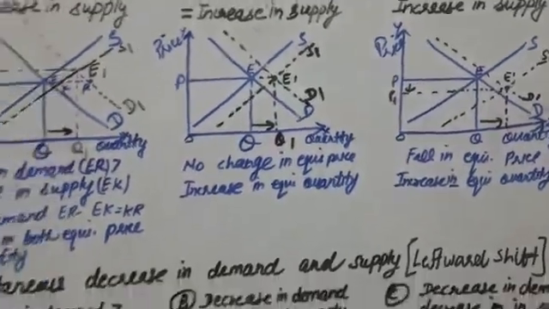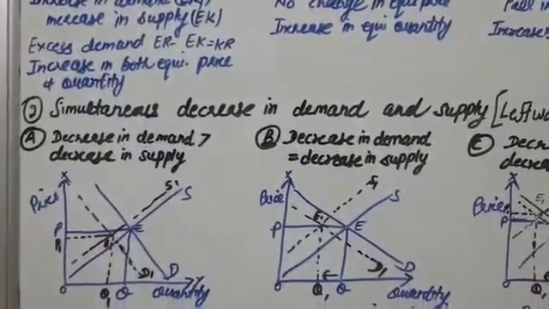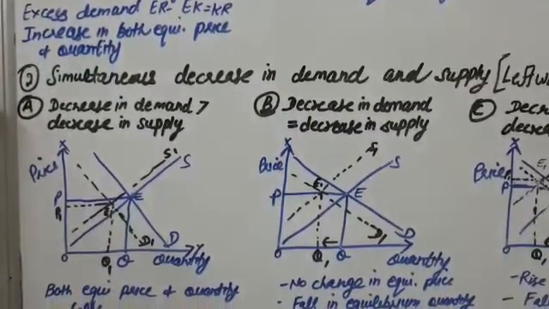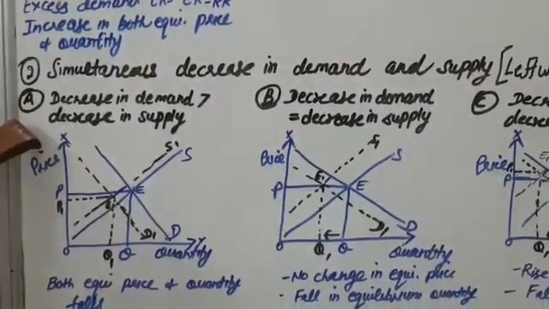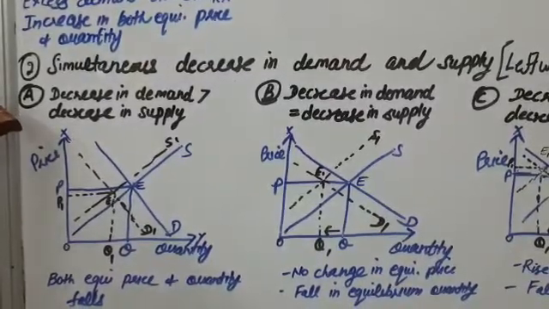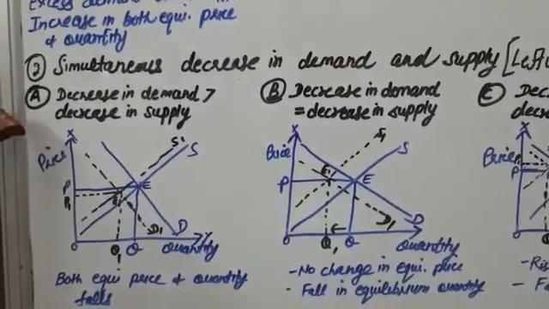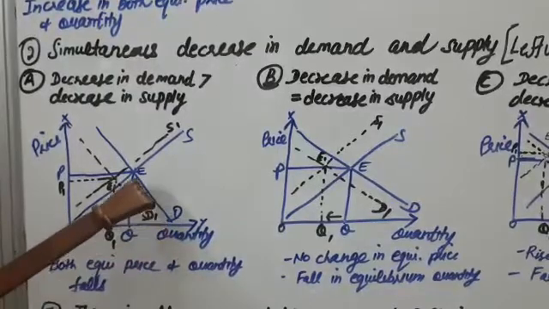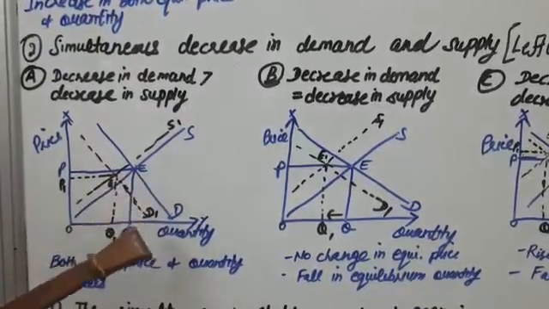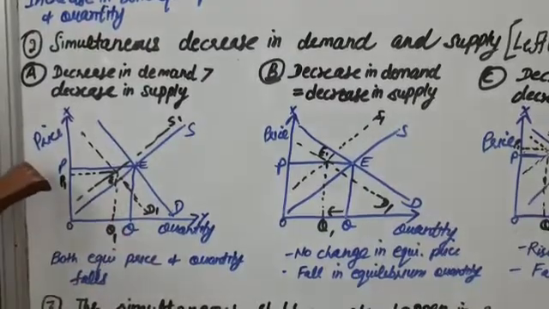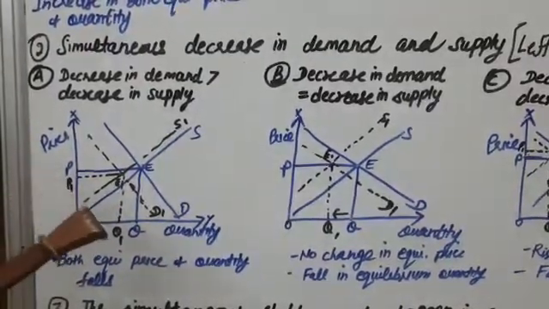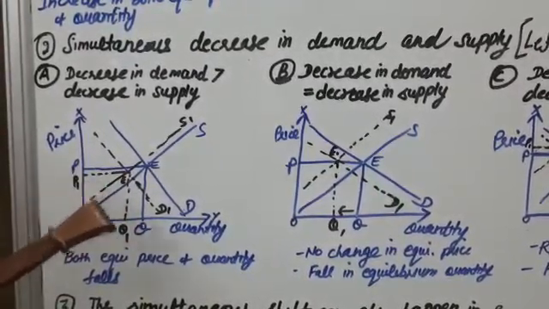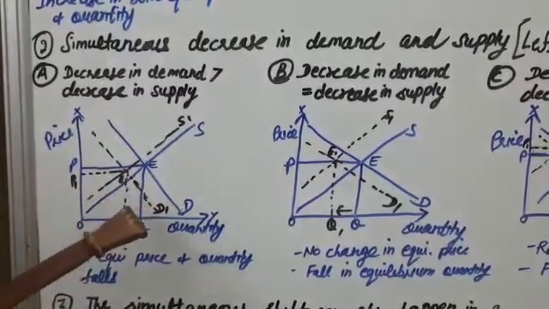Second situation is simultaneous decrease in demand and supply. When demand and supply decrease, demand and supply curves both shift leftward. Again, there can be three situations. First is decrease in demand is greater than decrease in supply. So here S is the original supply curve, D is the original demand curve, and equilibrium is E, equilibrium quantity Q, equilibrium price P. When demand decreases, demand curve shifts to leftward side, and supply curve also shifts to leftward side, as is clear from the diagram.